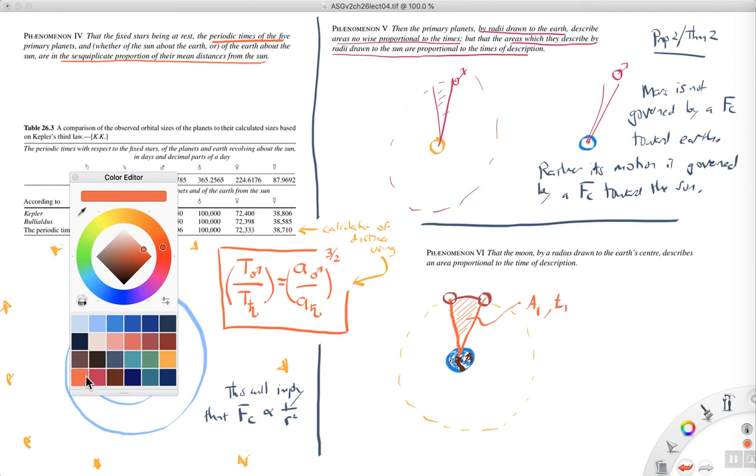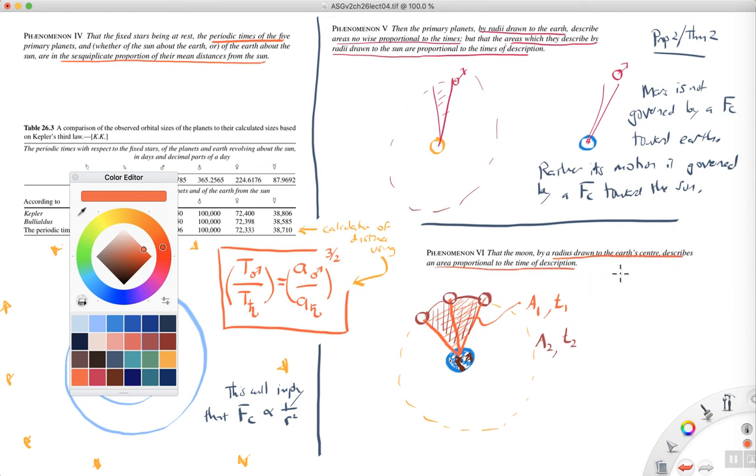And if you were to double the time, that area, area 2, and time 2, you'd find in twice the time it sweeps out twice the area. That is, the area is proportional to the time, or it sweeps out equal areas in equal time increments. Those are all the same kind of statement. So the moon, by a radius drawn to the Earth's center, describes an area proportional to the time of description.